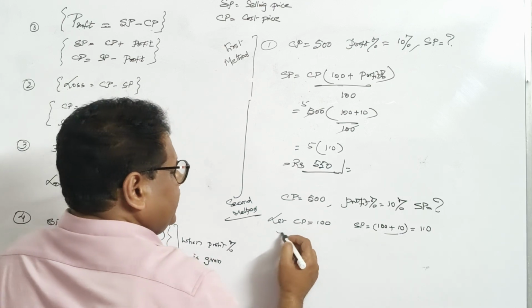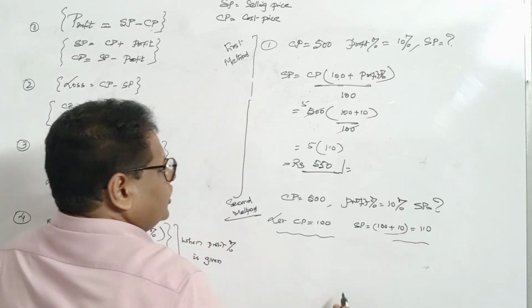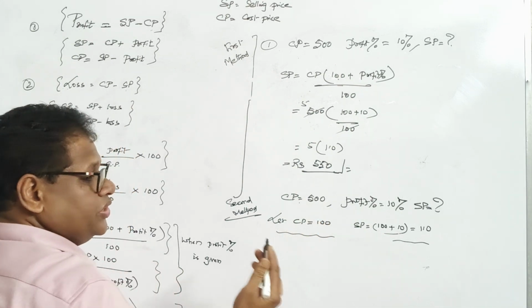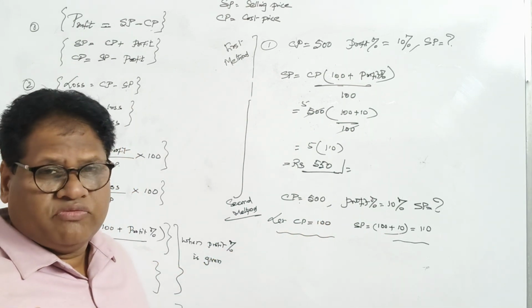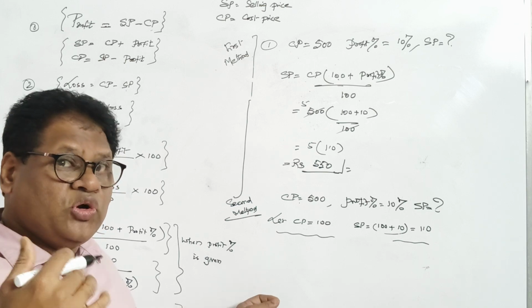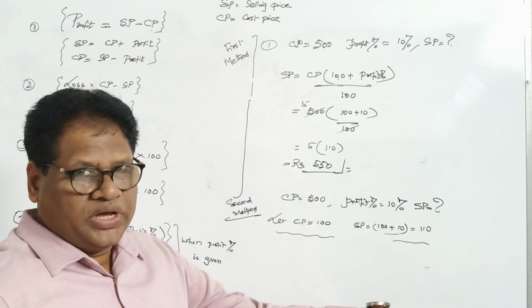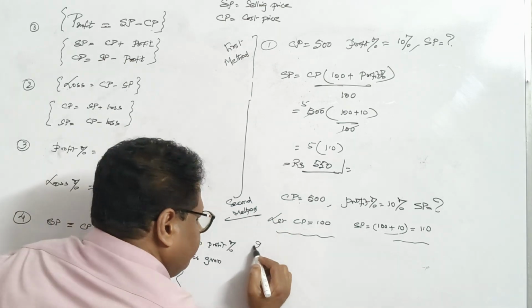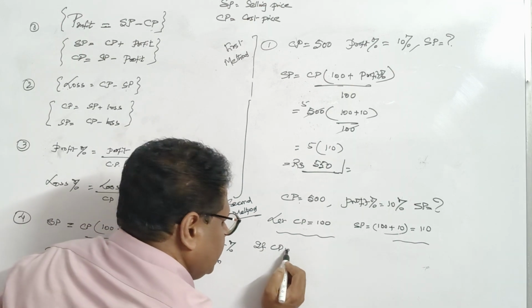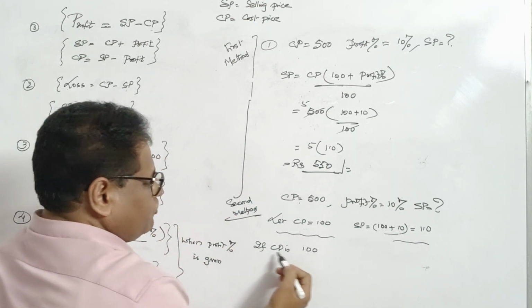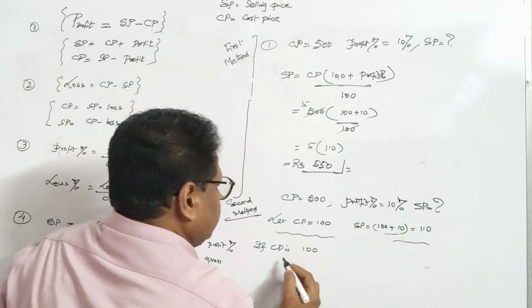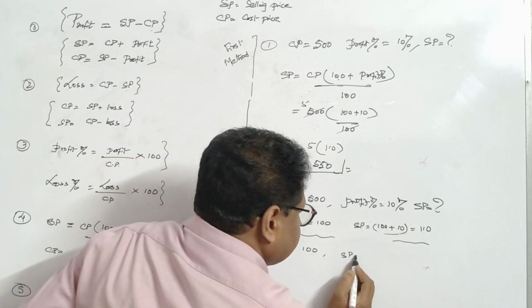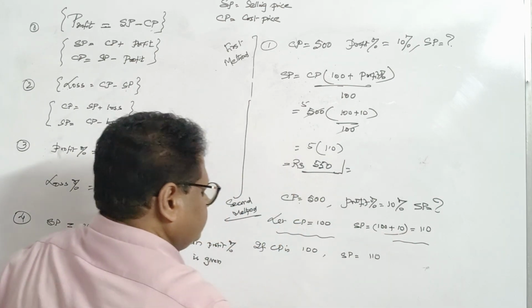Now think about which is given. Cost price is given. In the unitary method, whatever term is given, we keep on the left hand, and the term you want to find out goes on the right hand. So if CP is 100, first frame the equation in terms of 100. If CP is 100, then the selling price is 110.